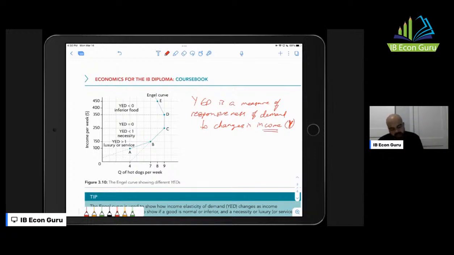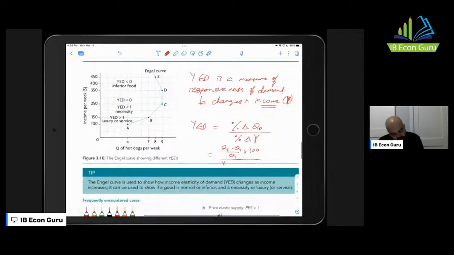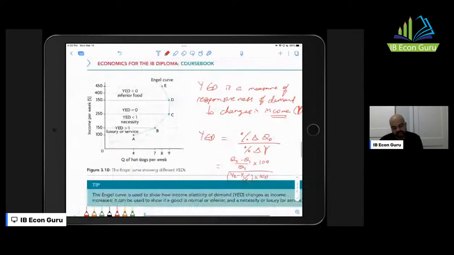So YED, it's not IED, remember that, it's YED, is the percentage change in quantity demanded divided by the percentage change in Y, which is income, which is equal to Q2 minus Q1 divided by Q1 times 100, all of this divided by Y2 minus Y1 divided by Y1 times 100. This is how we calculate YED.